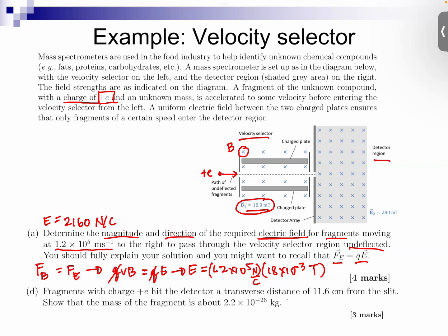To find the direction, if you know the charges on the plates, then you can find the direction of the electric field. But the charges on the plates are not indicated. It's not given which plate is positively charged and negatively charged.